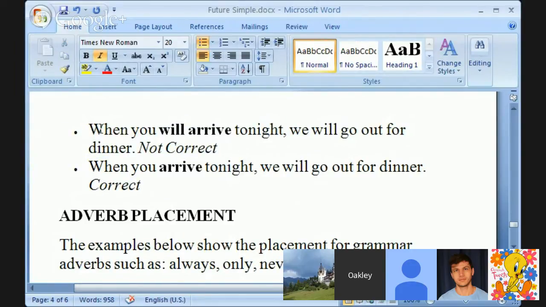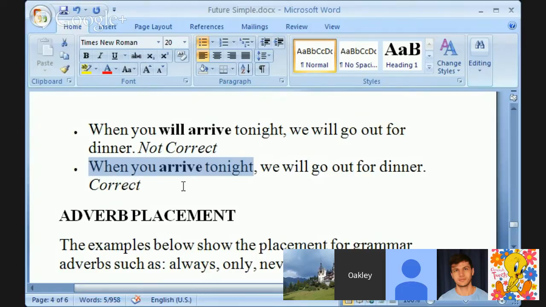Sorry, teacher. I mean, the correct one, when you arrive tonight, we will go out. What's the correct one? This one is correct. The second one is correct. So this is the way you have to say it. When you arrive tonight, present tense, we will go out for dinner. Now, I have future tense in my other clause. So the clause, the part of the sentence, one complete idea, or maybe not complete idea.